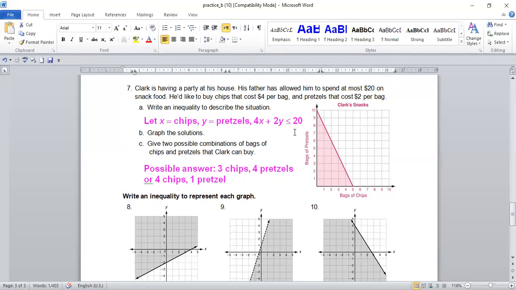So 20 divided by 2 will give you 10, and 4 divided by 2 will give you 2. So your inequality is going to be y is less than 2x plus 10. Okay, so that means mx plus b, the slope is 2 over 1 and the y-intercept is 10.